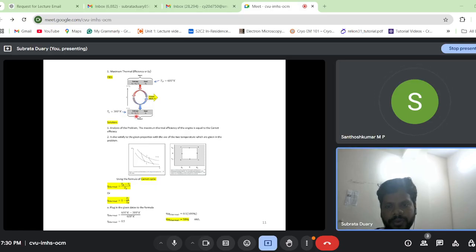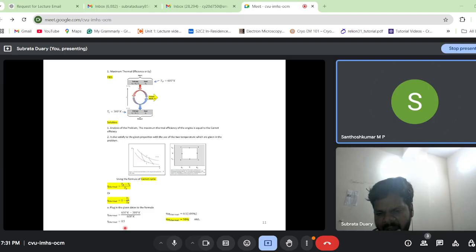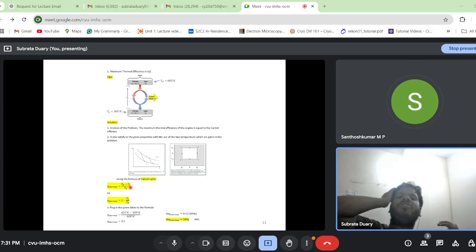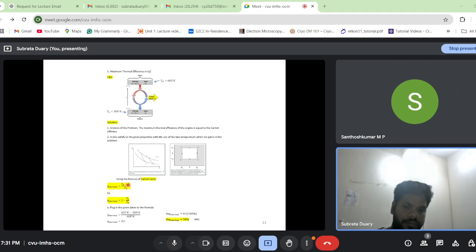Now the analysis of the problem: eta is 1 minus TL by TH, where TL is the sink and TH is the hot source. So this is the ratio which talks about the efficiency of this Carnot engine.